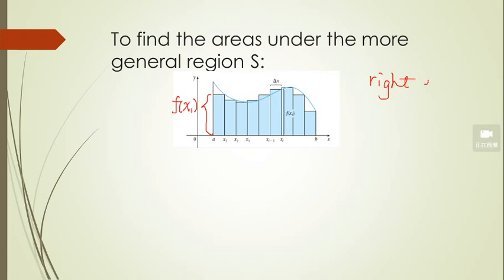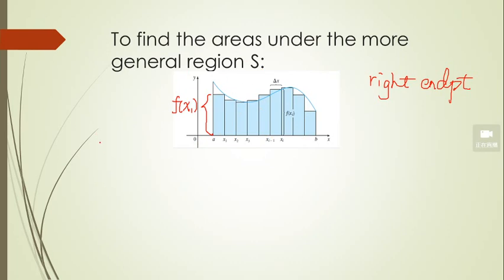We are going to use the sum of all those rectangles' areas to estimate the area A. What is the capital A? A is the area of the region S.